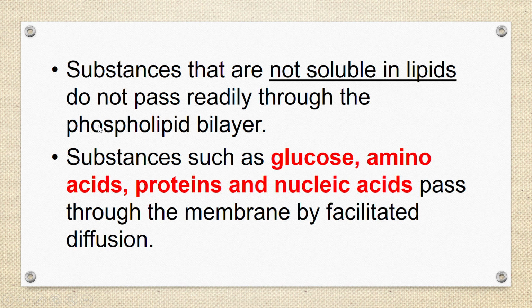So those substances that are not lipid soluble cannot pass through the phospholipid bilayer. If you're asked to give examples, what are they? Glucose, amino acids, proteins. All these do not readily pass through the phospholipid bilayer because they are not soluble in lipids.